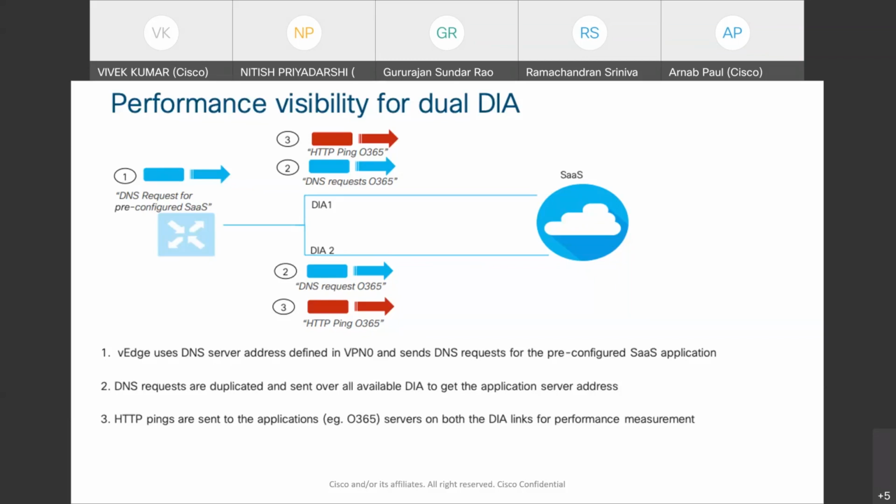Now in step 3, once the DNS response is received, for whatever DNS request we have sent to O365, it will use that response and start sending HTTP pings in the backend. Those HTTP pings will be monitored to understand how the link is performing, and these HTTP probes will help us get the latency and loss of that link.